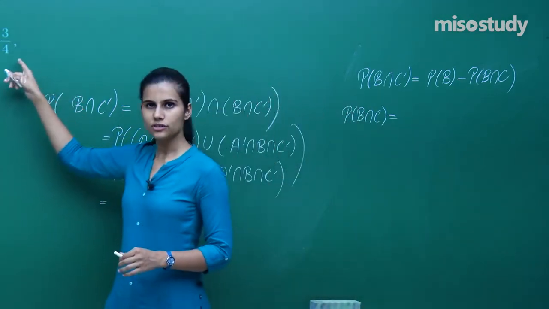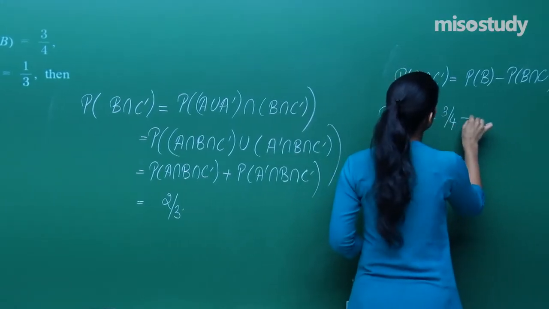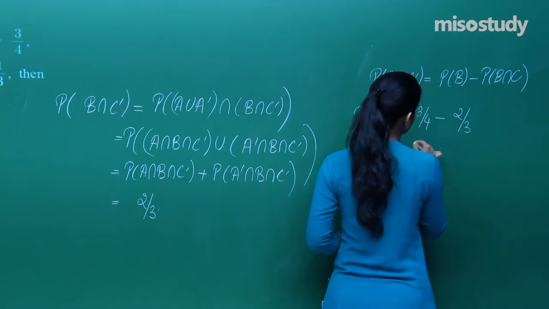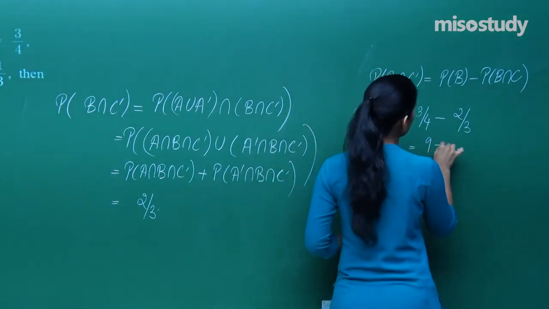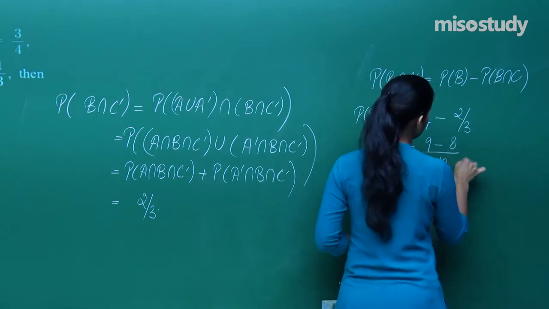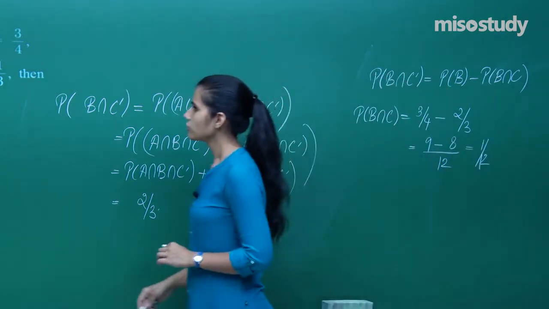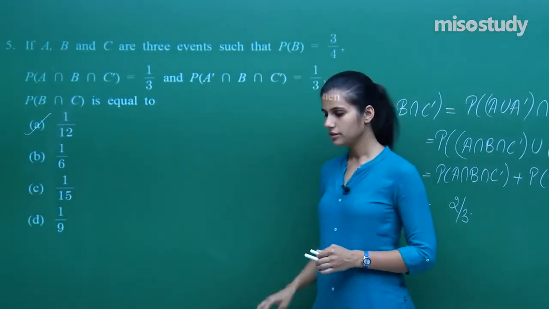Probability of B is given as 3 by 4. So you have 3 by 4 minus probability of B intersection C dash, which is 2 by 3. Right? So you get 9 minus 8 by 12, which is 1 by 12. So probability of B intersection C is coming out to be 1 by 12.